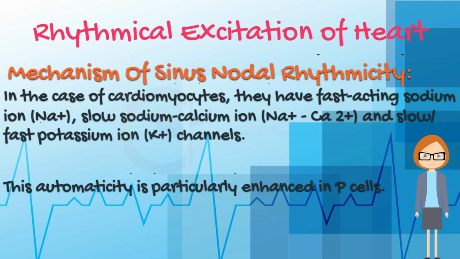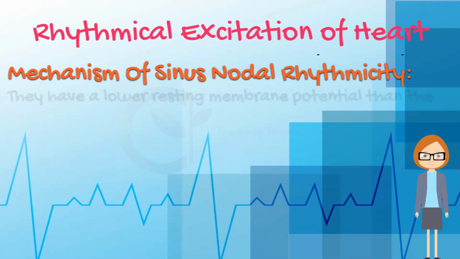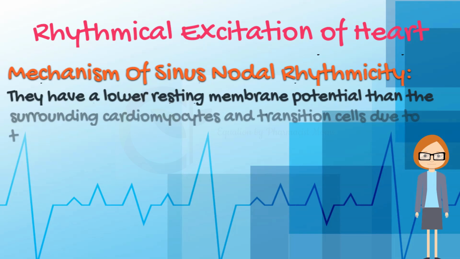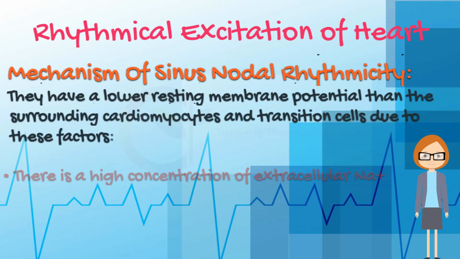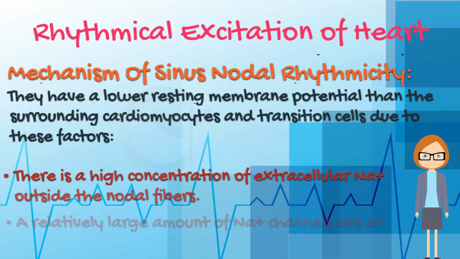This automaticity is particularly enhanced in P cells. They have a lower resting membrane potential than the surrounding cardiomyocytes and transition cells due to these factors. There is a high concentration of extracellular sodium outside the nodal fibers. A relatively large amount of sodium channels are already open.